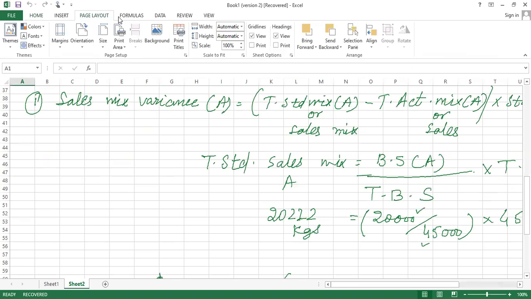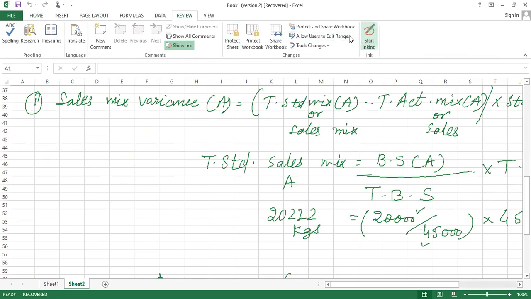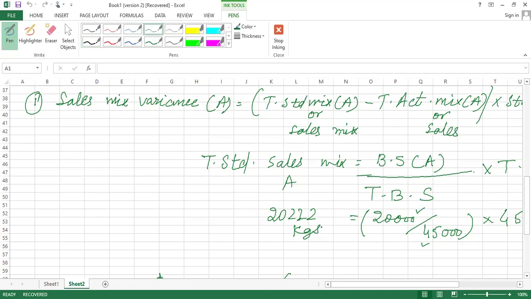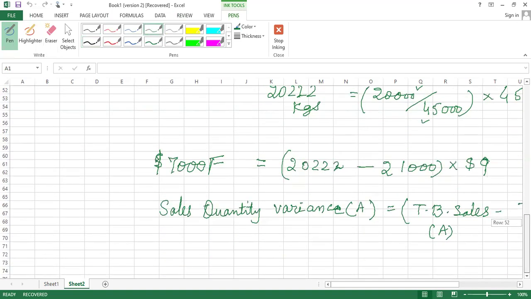So 20,000 minus 20,000 triple two. Standard contribution is 9. Budget is saying we should sell 20,000. But standard mix is saying we should sell 20,000 triple two.